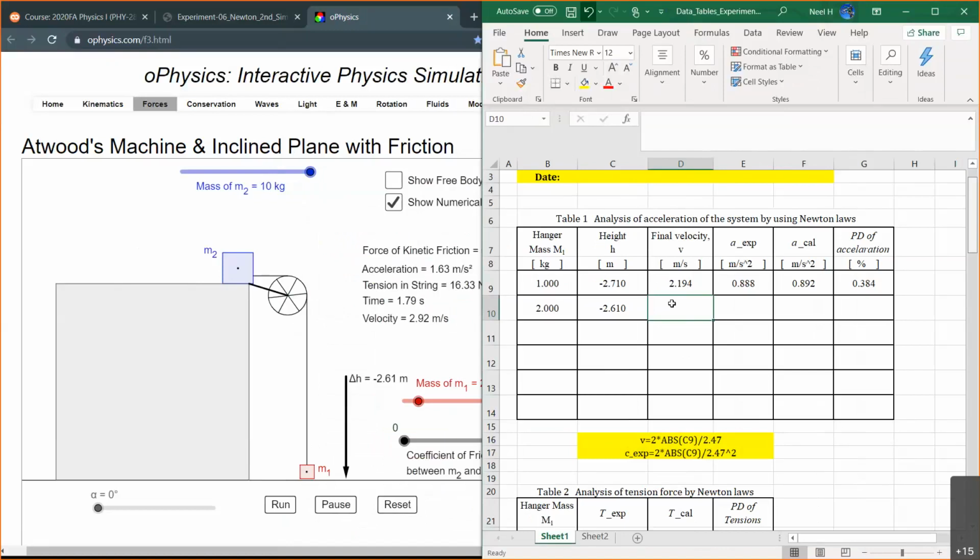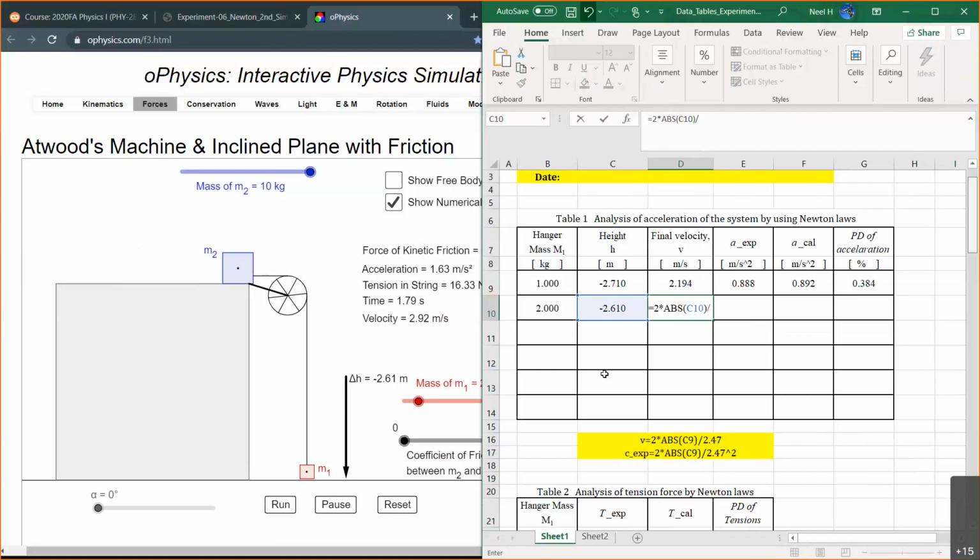All right, so let's do equal sign 2 times ABS parentheses T10 divide by t to the power 1. T is in this case now 1.79. You can see the time needed to go the same amount of distance decreases because now you have more acceleration.